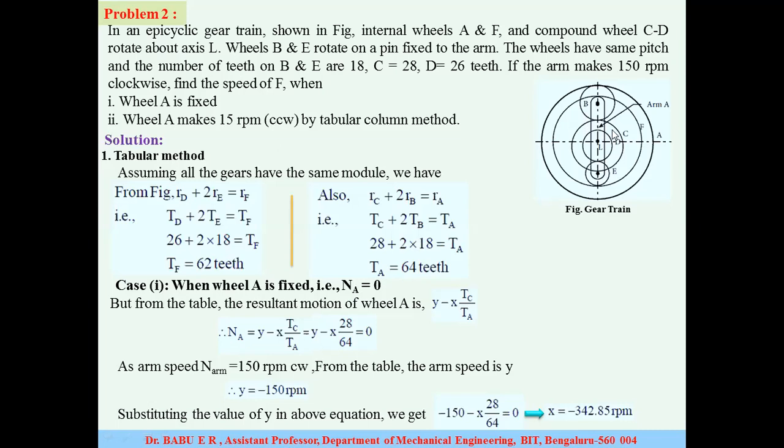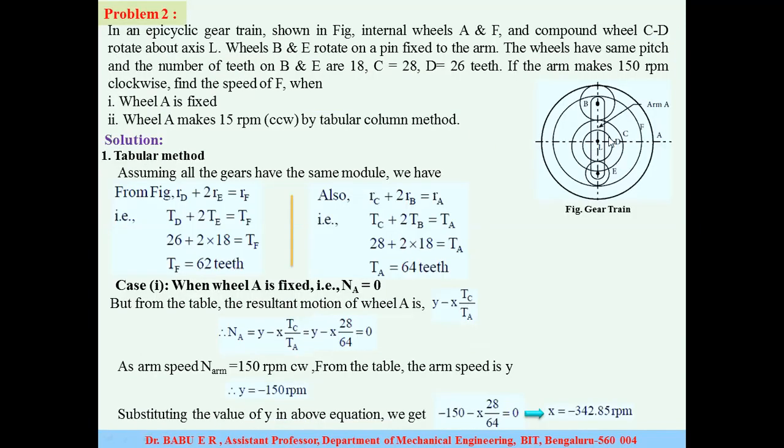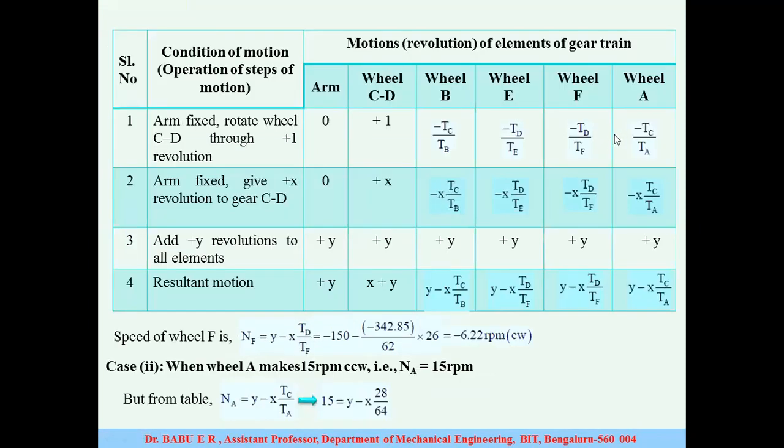So finally you'll get TC by TA. And it is a negative sign because it's the opposite direction, right? When you rotate the C in clockwise direction, this will rotate in counterclockwise direction. So the A also will rotate in counterclockwise direction because it is meshing internally. So it is a negative value. So this is the first step. This is very, very important, right? Once you write the first step, then all the remaining data is very easy to write down.